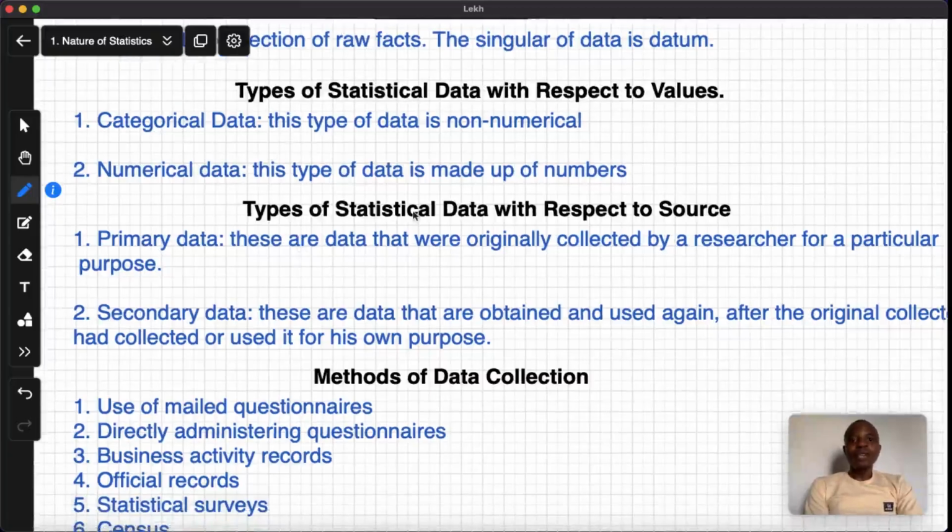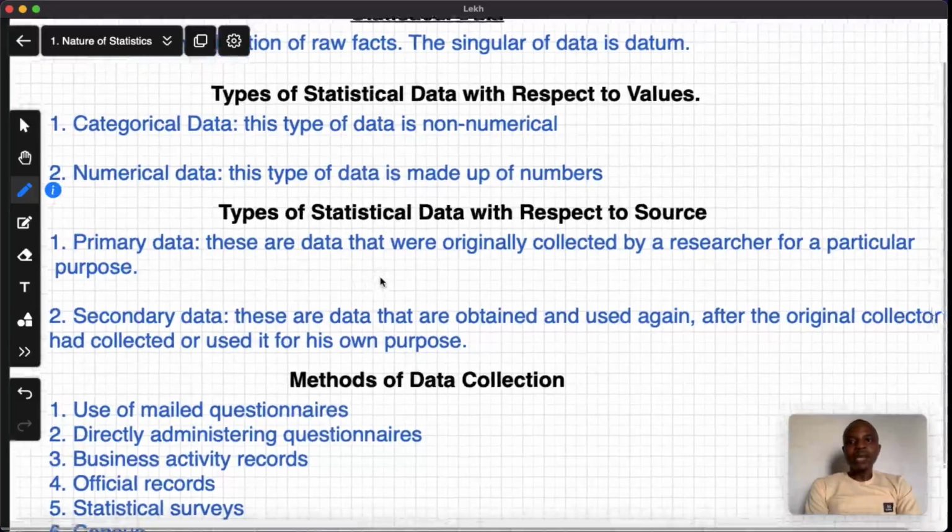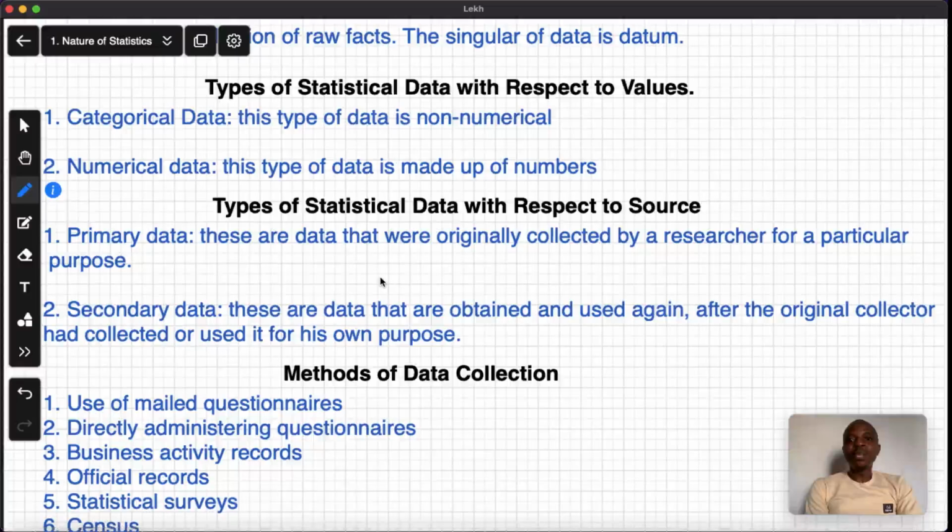All right, types of statistical data with respect to source. Primary data. This kind of data is data that has just been collected by the researcher for a particular purpose. So it had not been collected before by anybody, but there's a researcher who wants to do something and collects it for his own purpose. Secondary data.